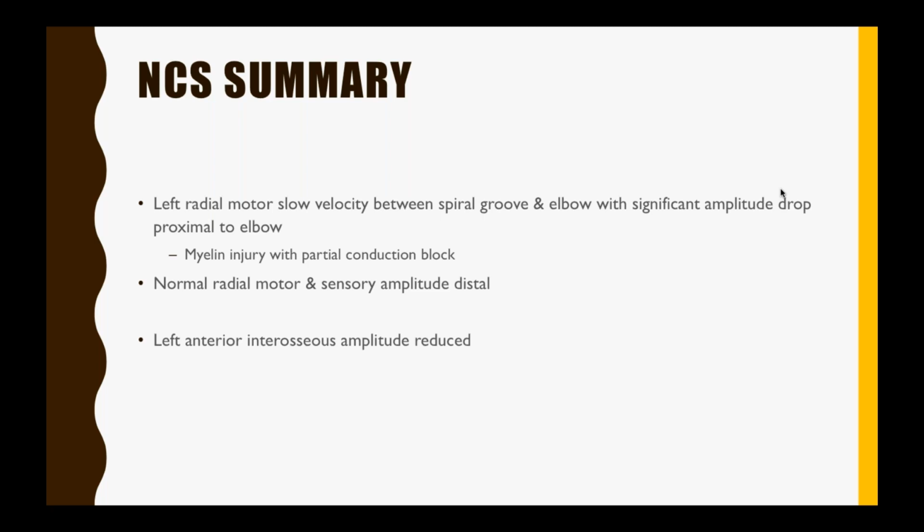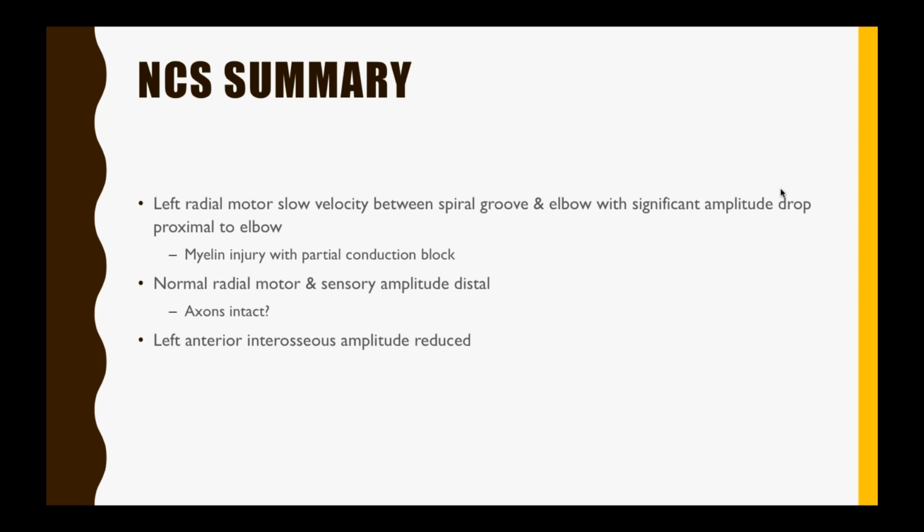So the radial motor indicates that we have a myelin injury with partial conduction block. It's not axonal from what the nerve conduction tells us, because the amplitude of the distal stimulation was normal. So far we have no evidence of an axonal injury. It's purely myelin at this point.